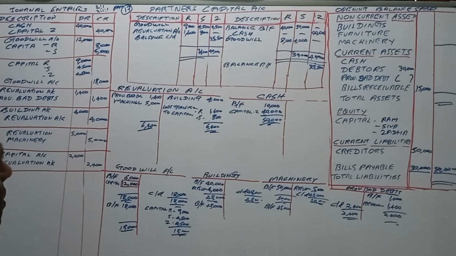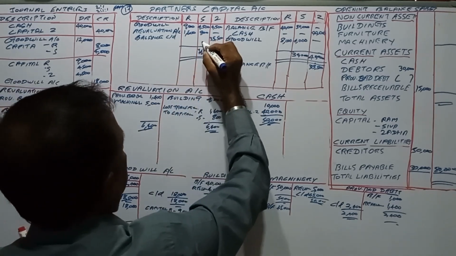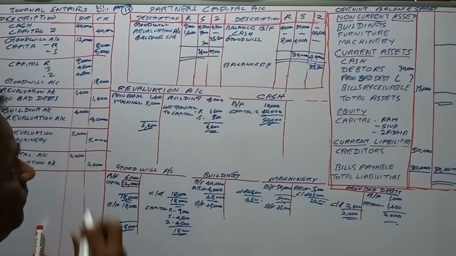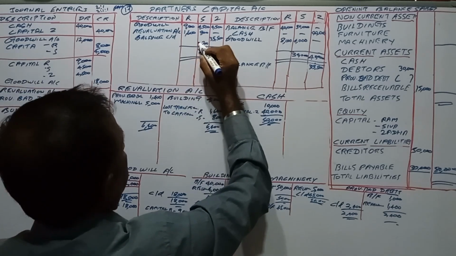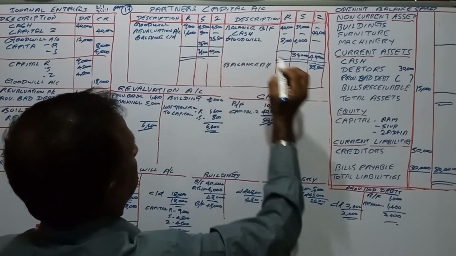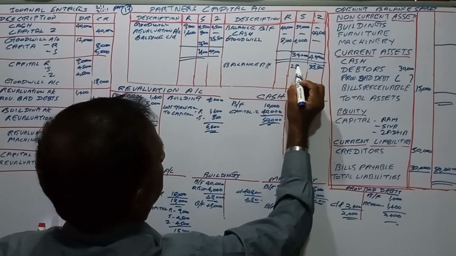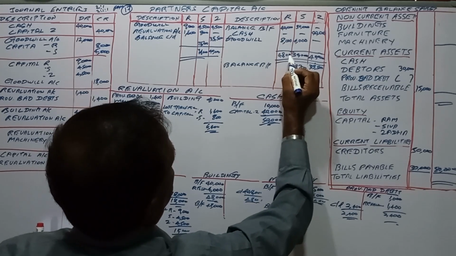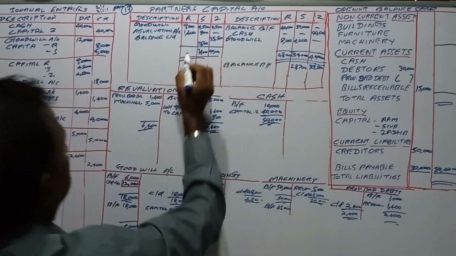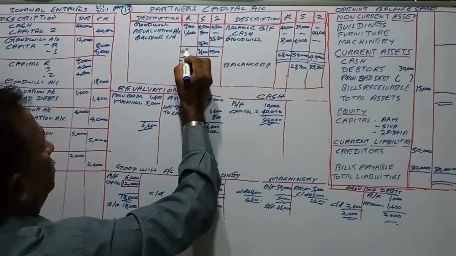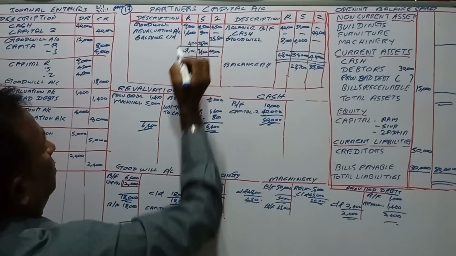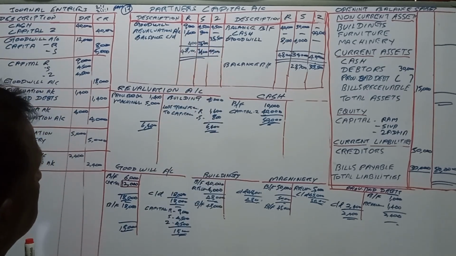So 5,300, 5,300, 6,000, 28,700. This is 48,000.